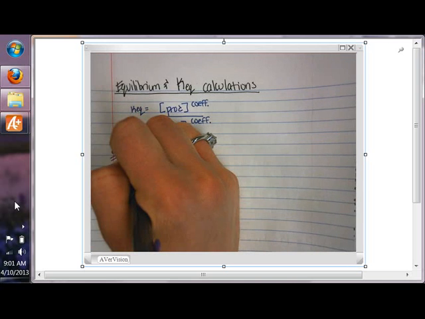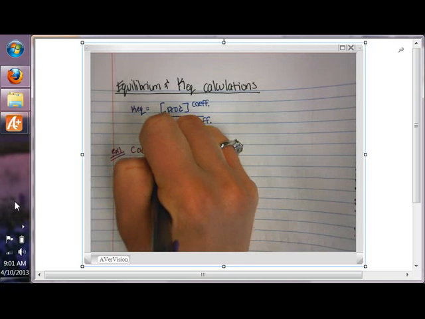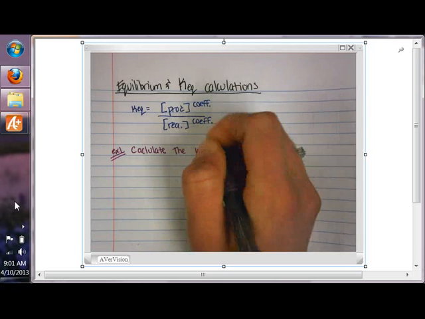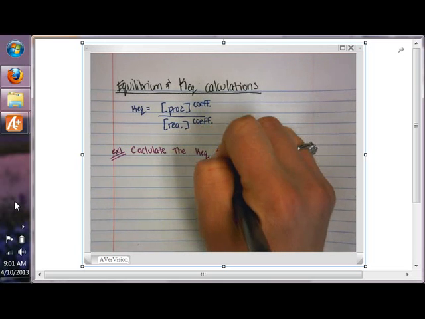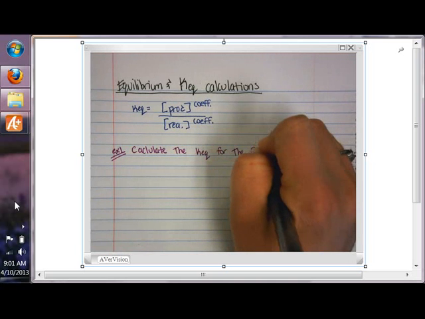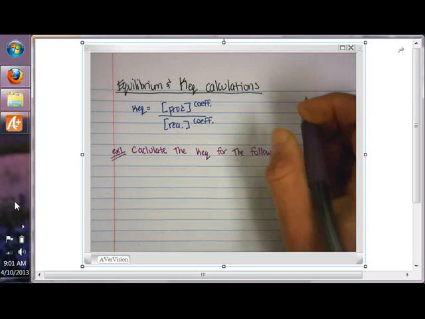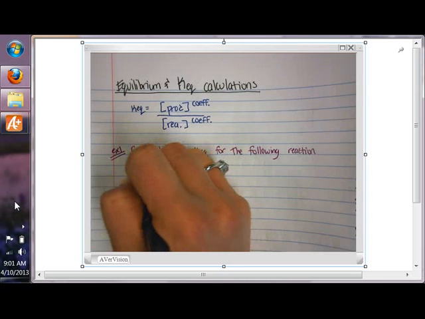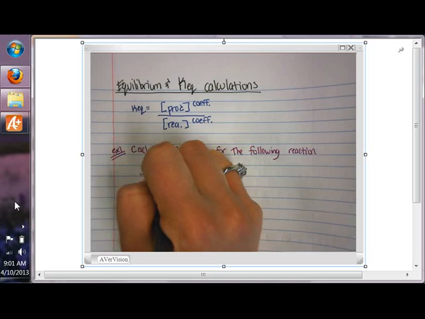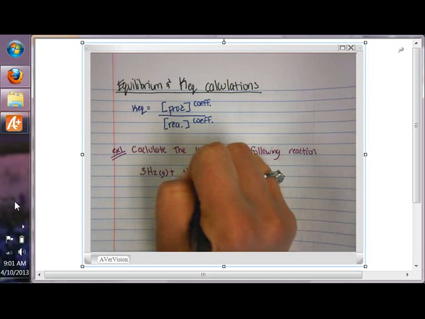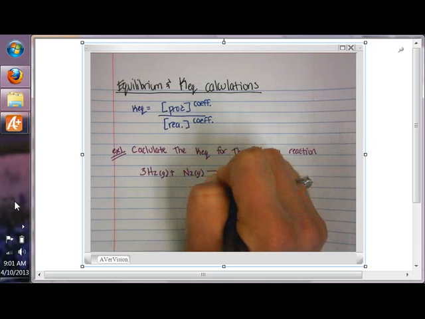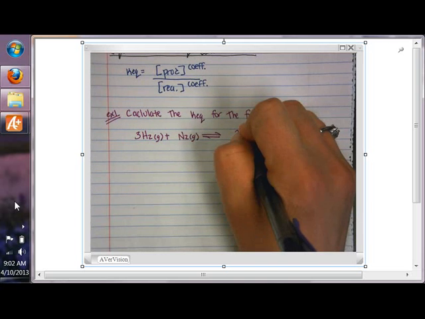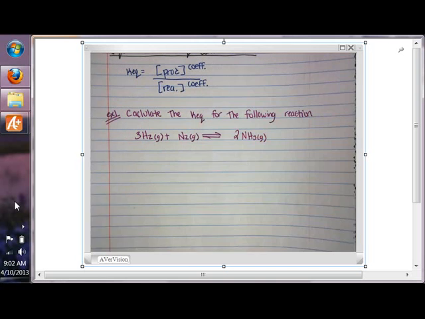And that's going to say calculate the Keq for the following reaction. And that reaction is 3H2 gas plus N2 gas, equilibrium arrow, gives us 2NH3 gas.